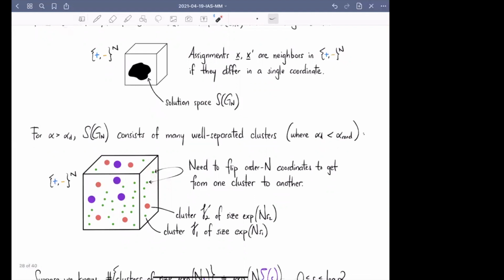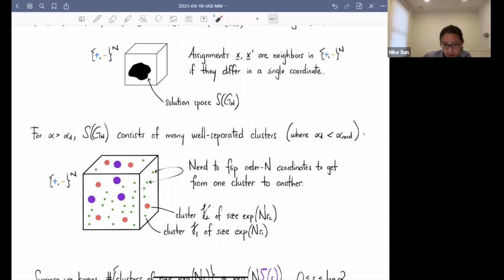And you have many clusters of different sizes. So here you have some cluster gamma 1, and its size e to the n s1, and this is a different cluster gamma 2, which is of size e to the n s2, and you have many clusters of different sizes which are spread throughout the cube, and this will happen as long as alpha is not too small.